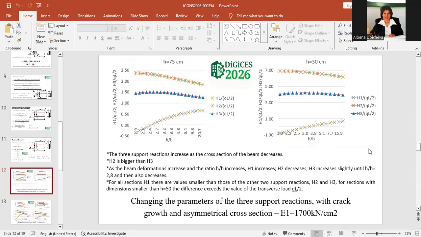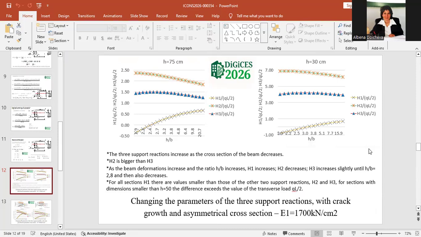As the beam deformation increases and the ratio H divided by B increases, H1 increases, H2 decreases, H3 increases slightly until H divided by B is equal to about 2.8 and then also decreases. For all sections, H1 has values smaller than those of the other two support reactions, H2 and H3.